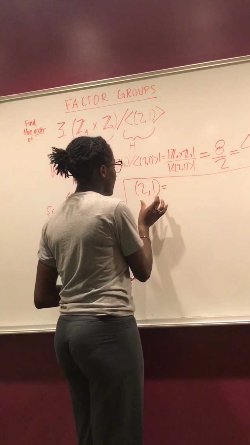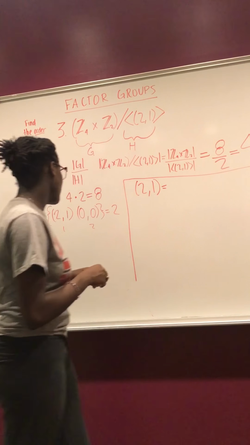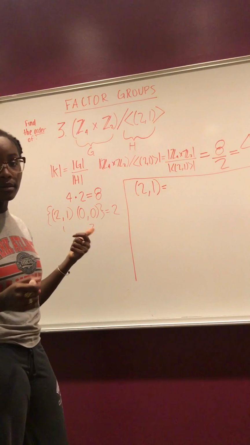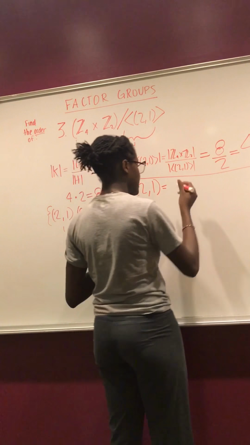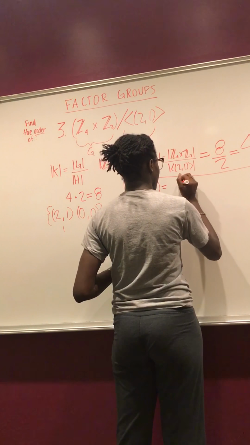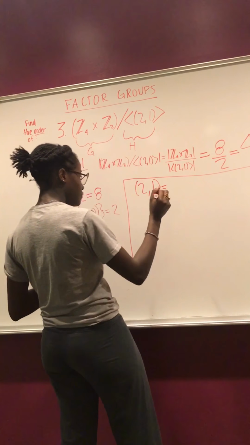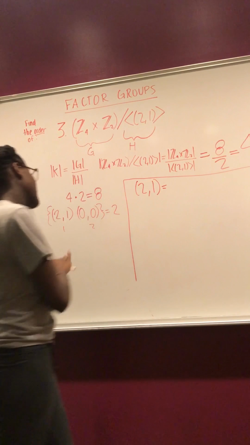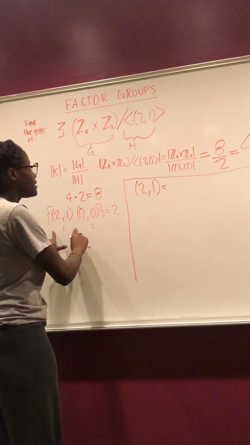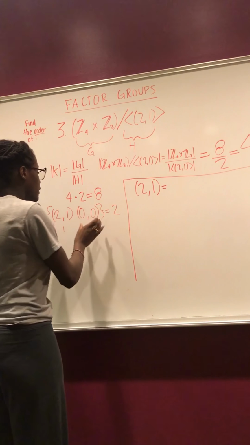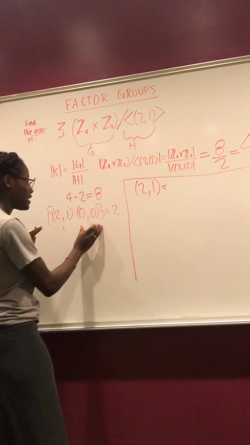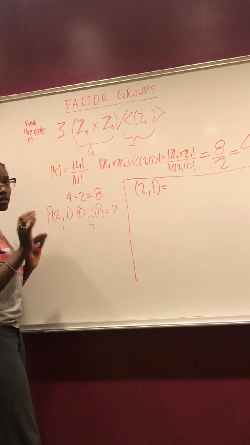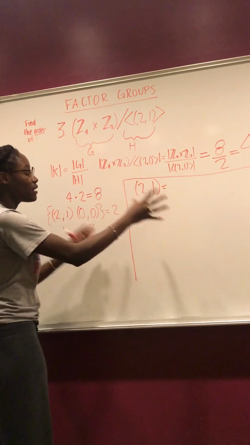So we're going to take our H and first add 0 to that. Actually, we're going to be adding 1, and I said 0, 0. So these are our two, the order of our group, which is made up of these two cosets that we're going to be using, or making cosets out of.